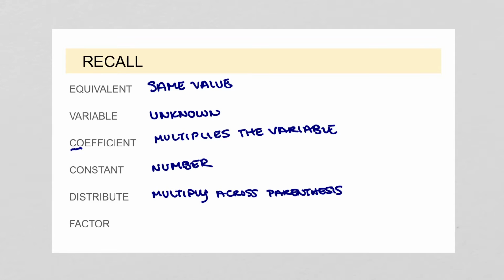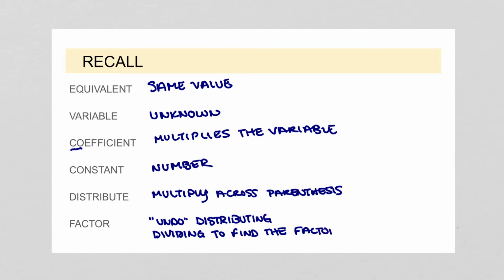And factoring, that's an operation we learned about in our last lesson. That's basically how you undo when you distribute. So when we are distributing, we are multiplying; when factoring, you're really dividing to find the factors.